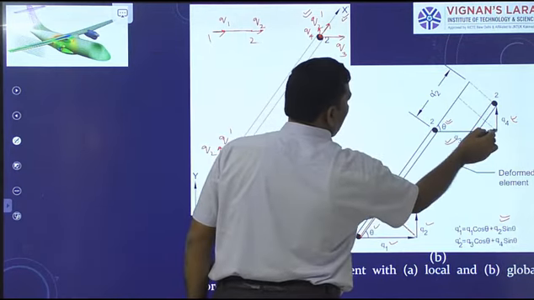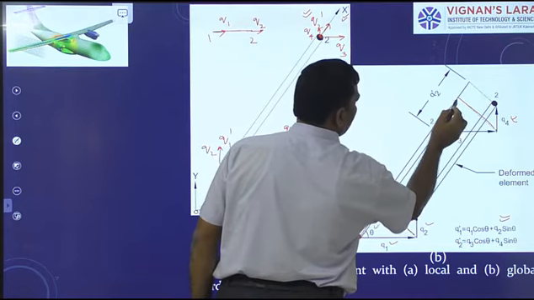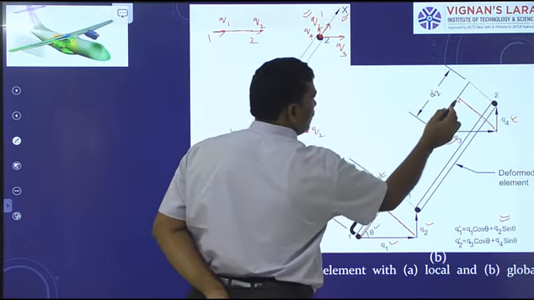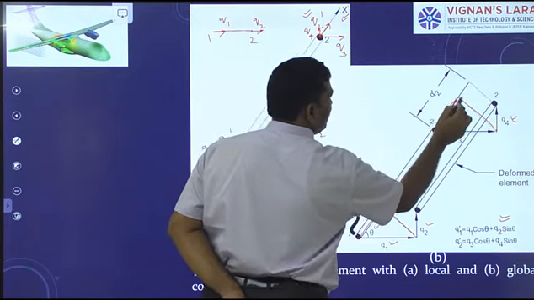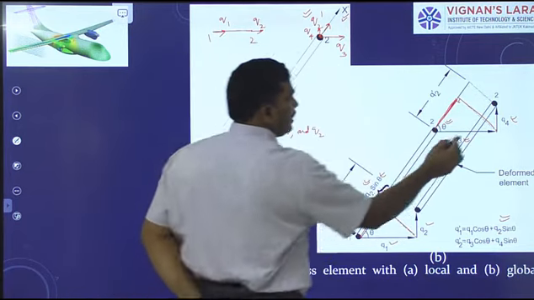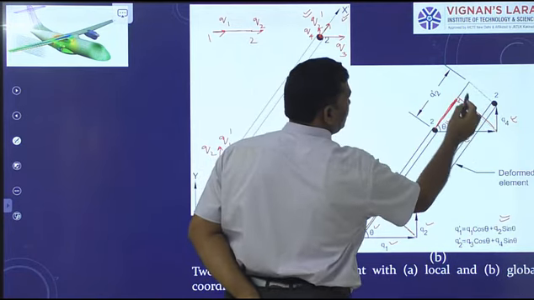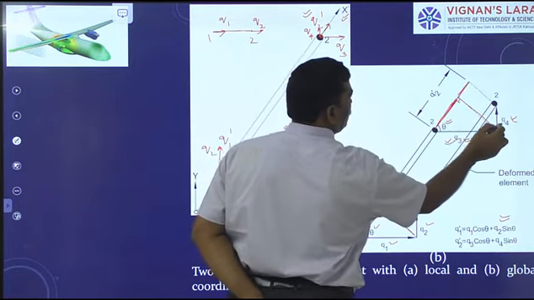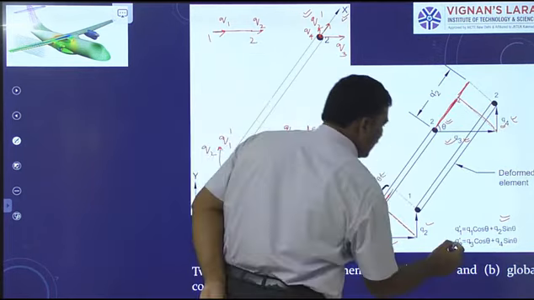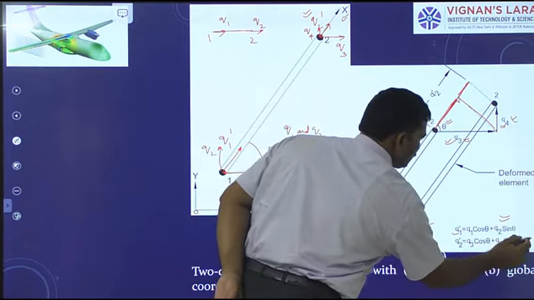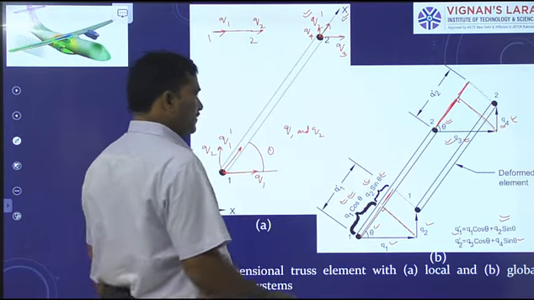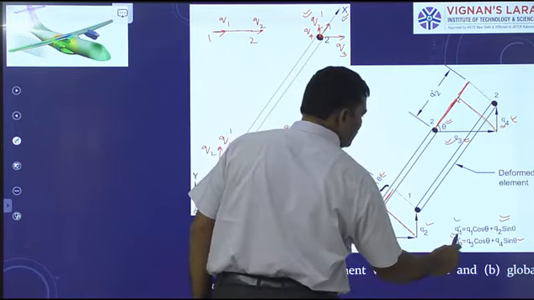From this point, draw a line perpendicular to the length of the element. This is a right angle triangle. Therefore, this side is simply Q3 cos theta. Now, this is Q4, and this side is simply Q4 sin theta. Hence, I define Q2 dash as Q3 cos theta plus Q4 sin theta, where theta is the orientation of the truss element.